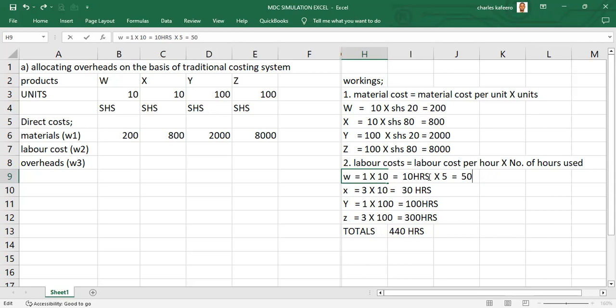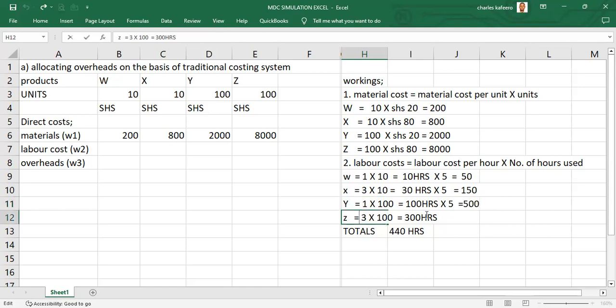Now this one is going to be in shillings because we are multiplying hours by the cost per unit. Even this one will multiply by 5. This will give us 150 shillings. Then we go to product Y, also multiply that by 5, and that will give us 500 shillings.